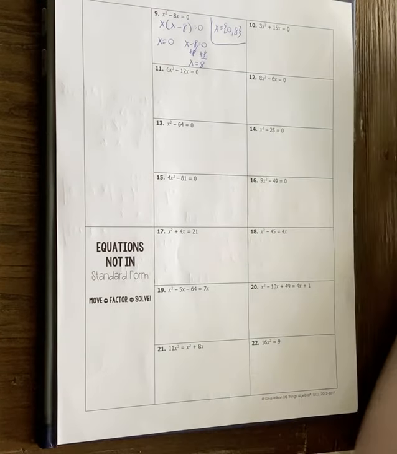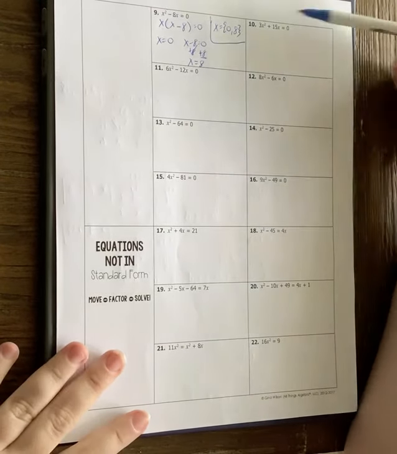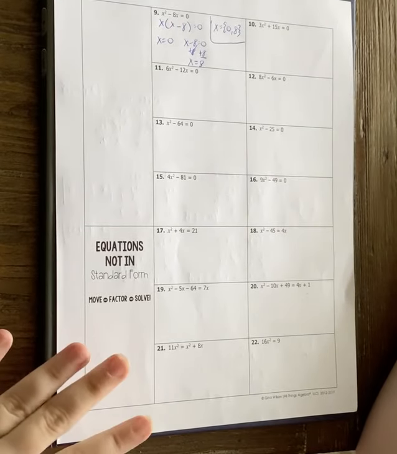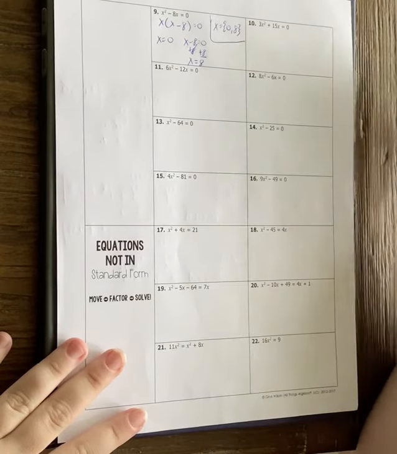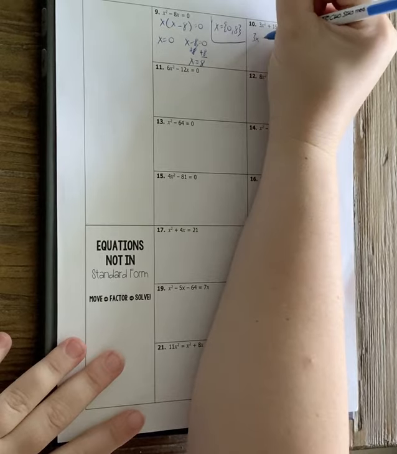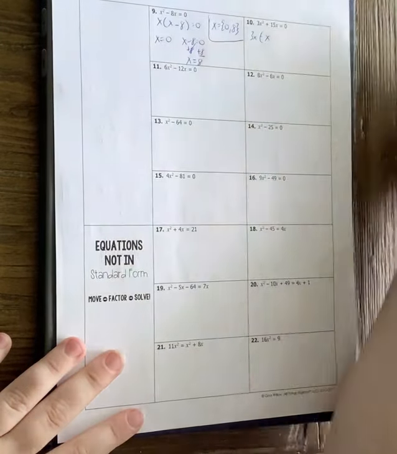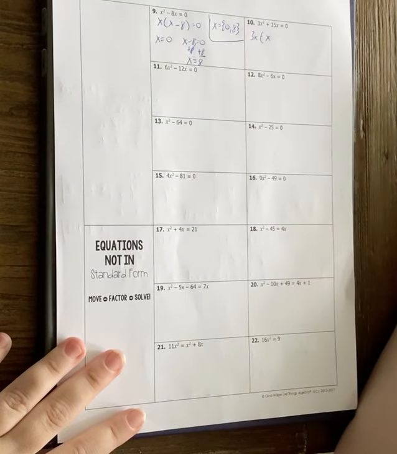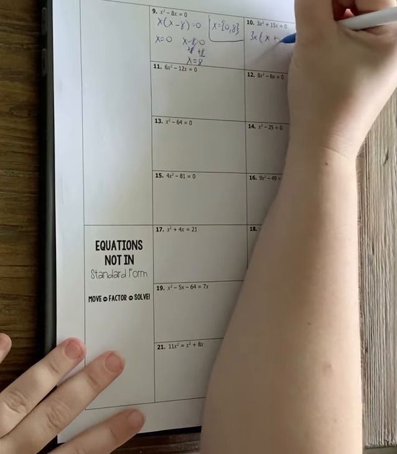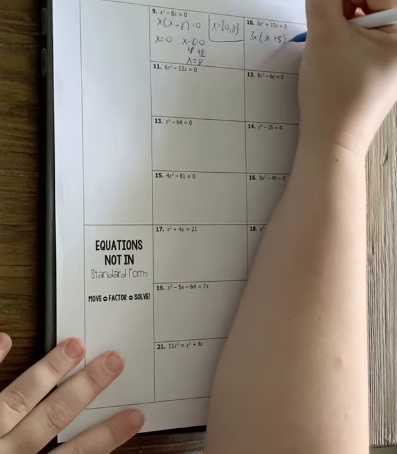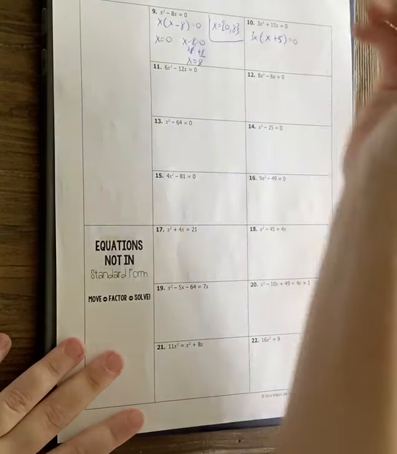Okay. Number 10, we have another binomial, so greatest common factor. We can take a 3 out and we can take an x out. So 3x squared divided by 3x is x. 15x divided by 3x is 5. We want to set each of them equal to 0.